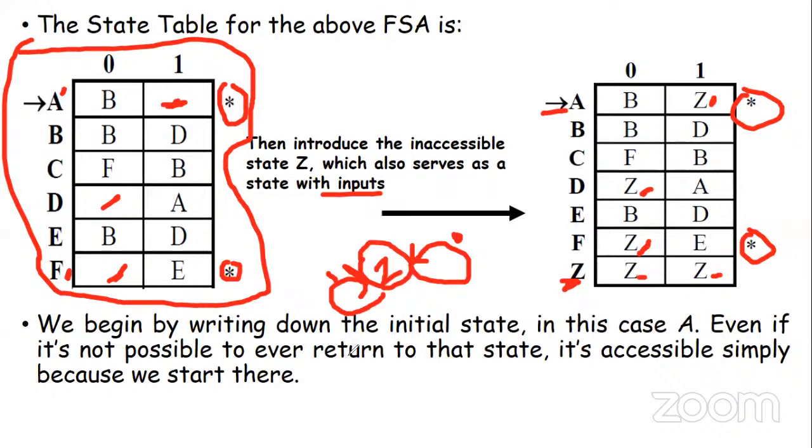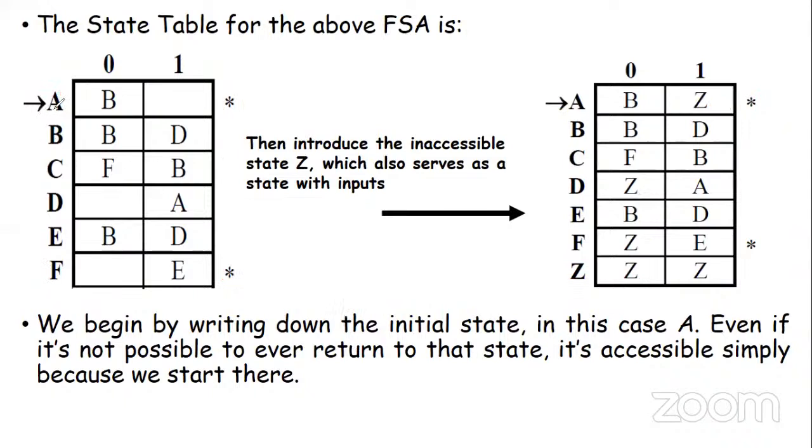Okay. So this is the first thing. By now, I'm sure you know how to draw the diagram for the state table. Do I assume that you know how to draw the diagram for the state table, everyone? Yes, sir. All right. So in as much as you can draw that, you should also understand what I've done.